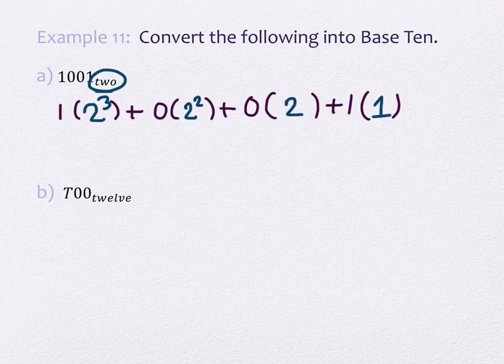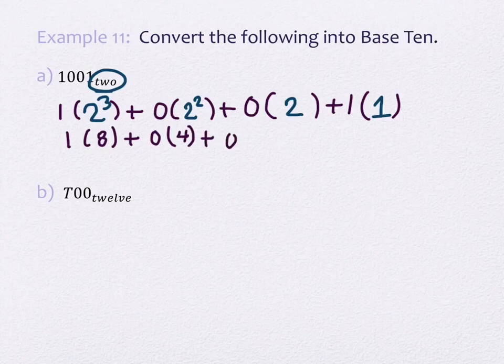Powers of 2 are kind of nice because you probably know some of them. Does anybody know what 2 cubed is? 8. So this is actually 1 times 8. You don't have to write that part out that I'm about to do, but I want to make sure you're seeing it. This is 0 times 2 squared. What's 2 squared? 4. And then I have 0 times 2. I know that's 0, but I'm just going to leave it as 0 times 2 right now. And 1 times 1. You've got to have one of those 2 lines written down.